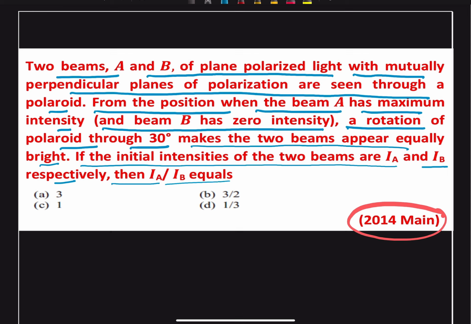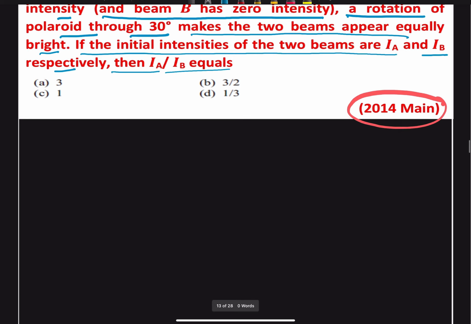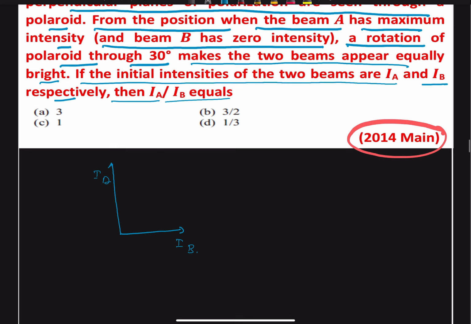So in this case, we have two beams with mutually perpendicular planes of polarization. We can draw an approximate figure, and initially this is the first one and this is the second one. Let us suppose this is our IA and this is our IB, and the plane of polarization is such that A has maximum intensity.